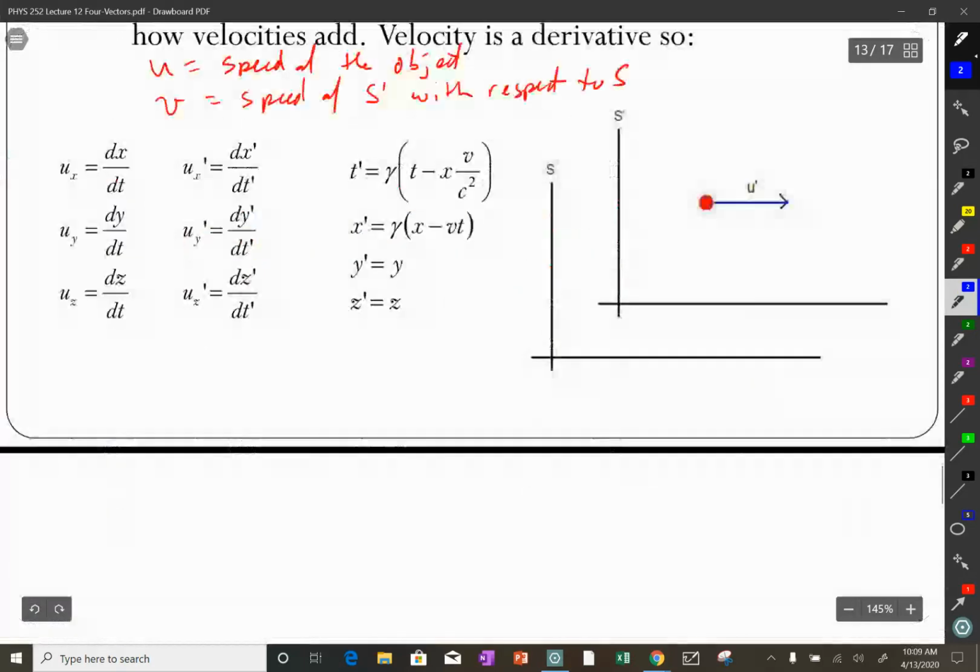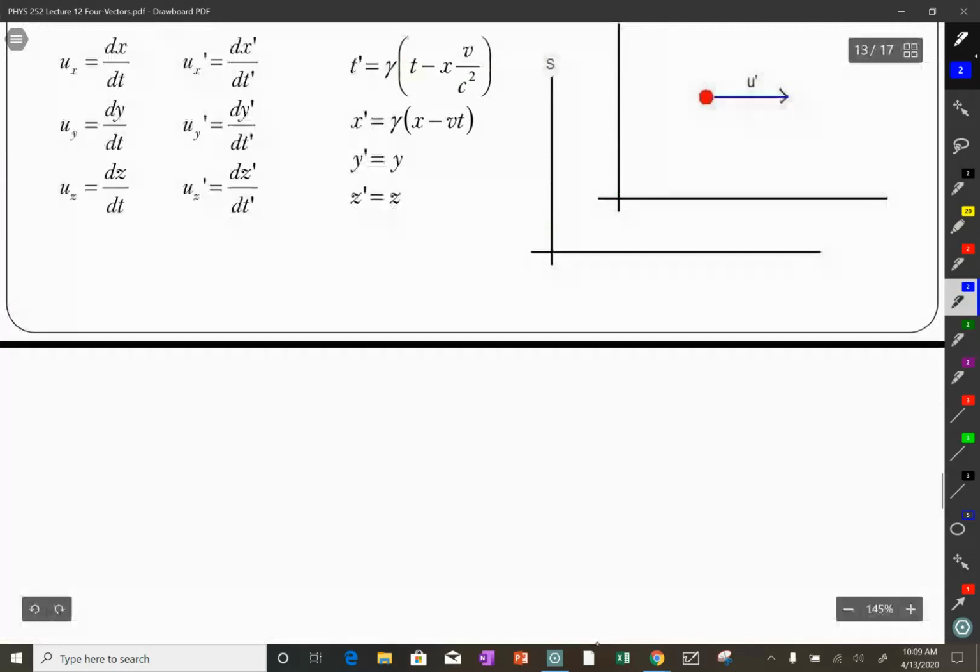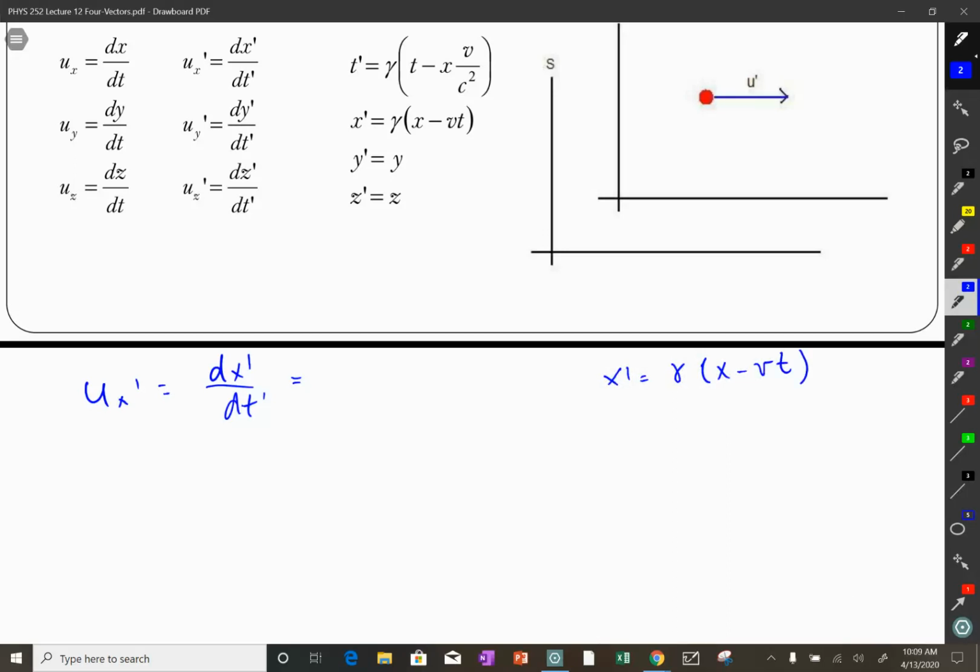So let's find ux prime. So that's equal to dx prime over dt prime. We know that x prime is equal to gamma times x minus vt. And gamma is invariant, or gamma does not change when I shift from one reference frame to the other because it depends on v squared, and the differences in v's were minus 1.